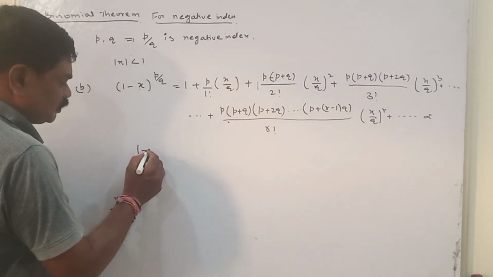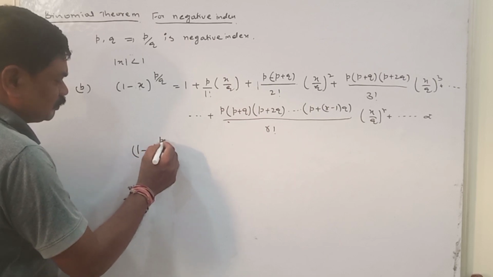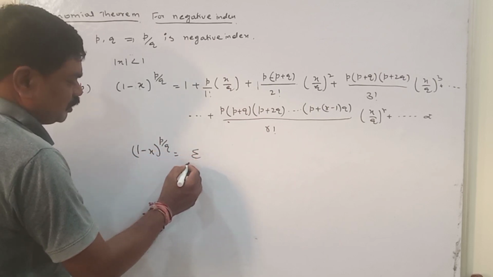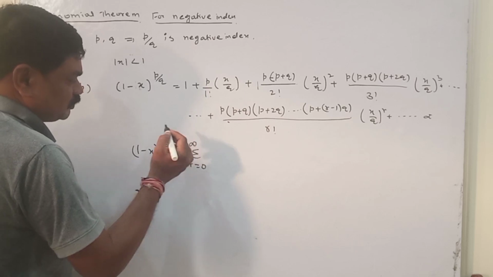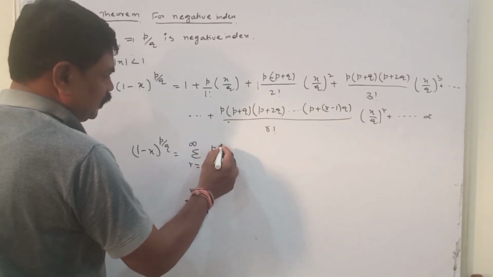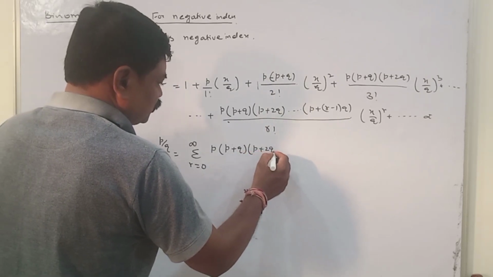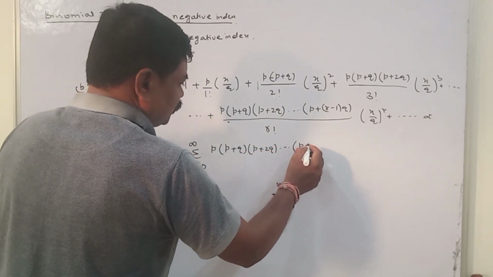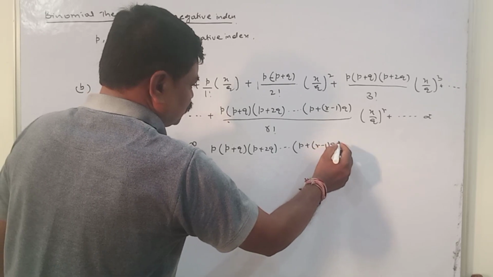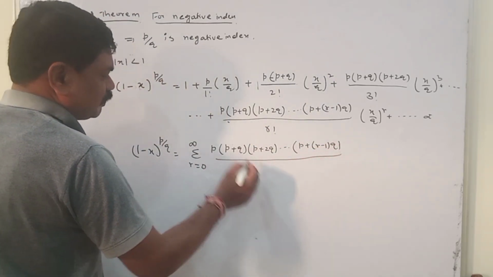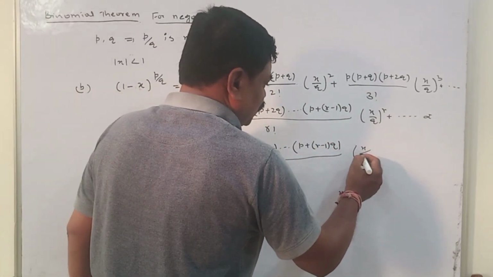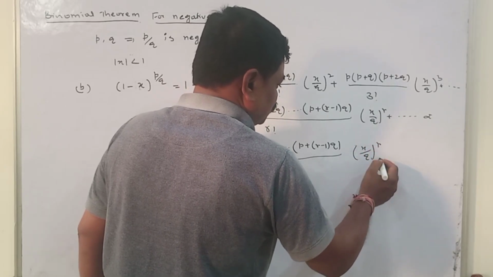So (1 minus x) whole power p by q can be written as sigma r equals 0 to infinity, p into (p plus q) into (p plus 2q) and so on, (p plus r minus 1)q by r factorial into (x by q) whole power r.